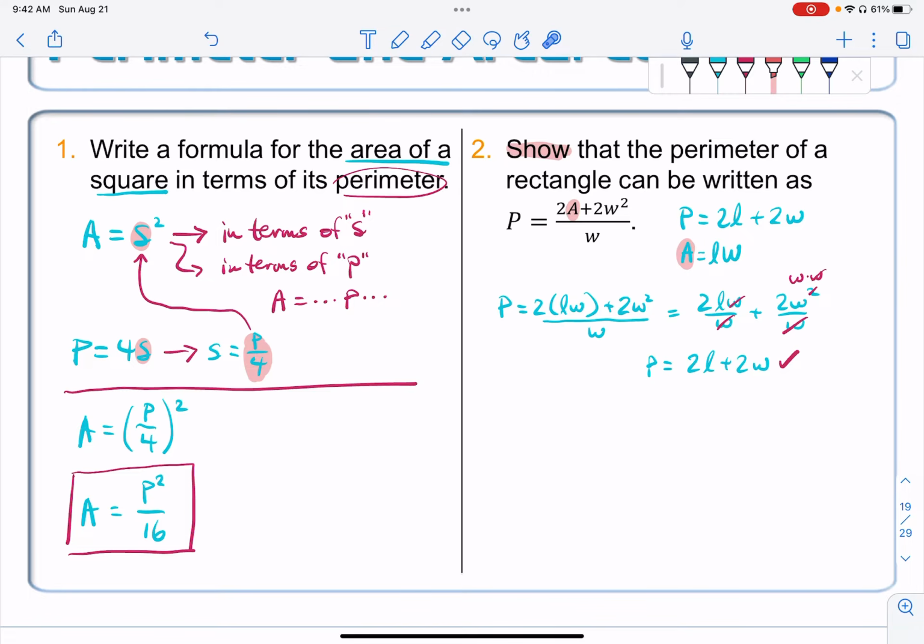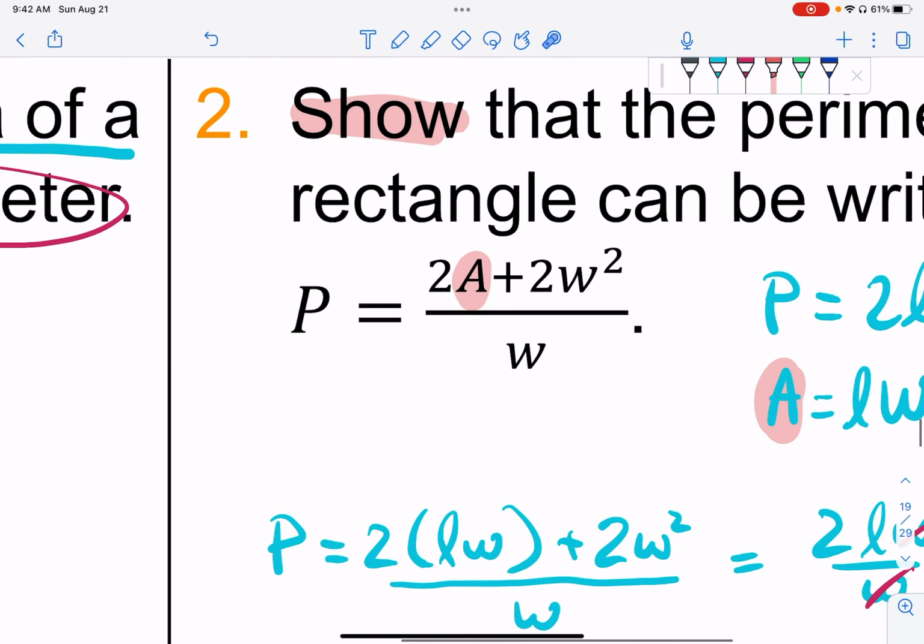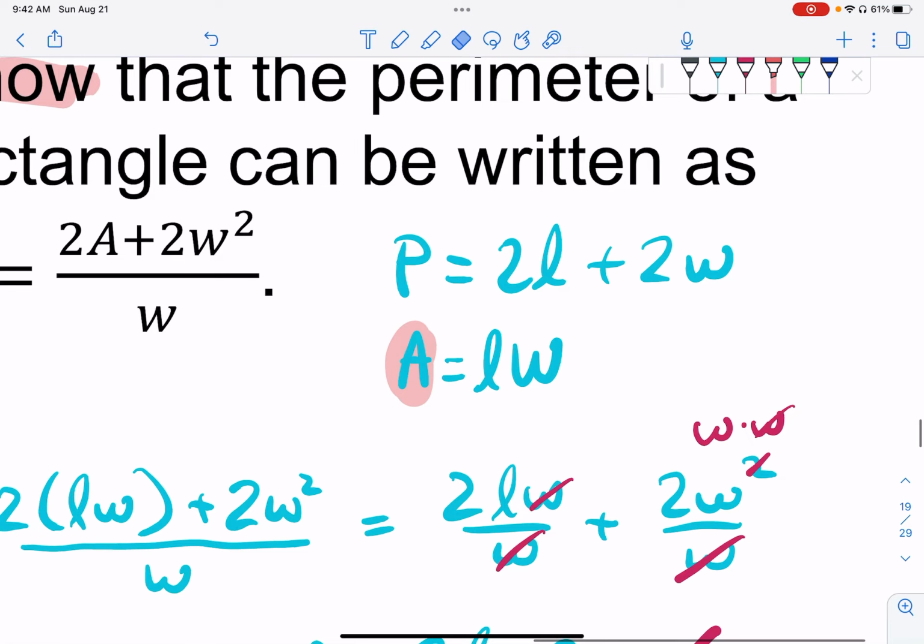We need to rewrite it in terms of not just A; this has two different variables on this side, so it's in terms of A and W. If I look at the perimeter equation, which is a raised to P for some reason, it's in terms of length and width. We need to get rid of the L because that's the thing that's not in here, and we have to replace it with some equivalent expression that has A in it.